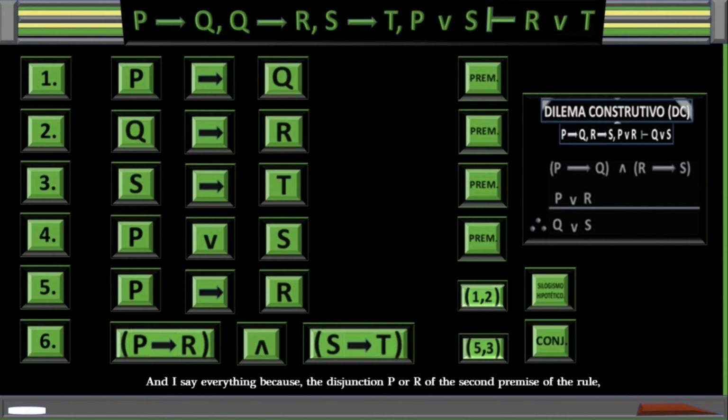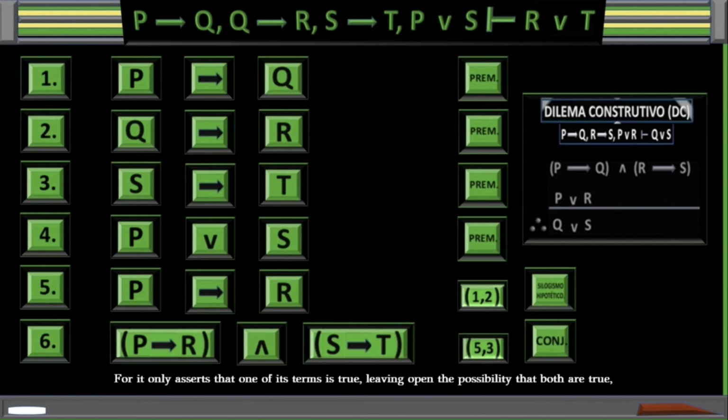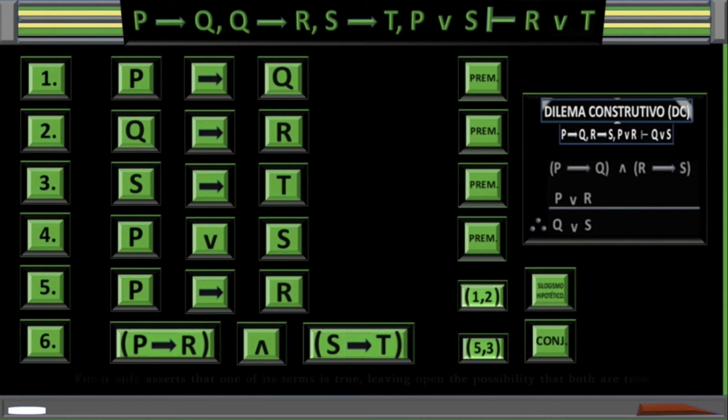And I say everything because the disjunction P or S of the second premise of the rule does not allow us to confirm the conditionals separately, for it only asserts that one of its terms is true, leaving open the possibility that both are true, while guaranteeing that they are not both false.